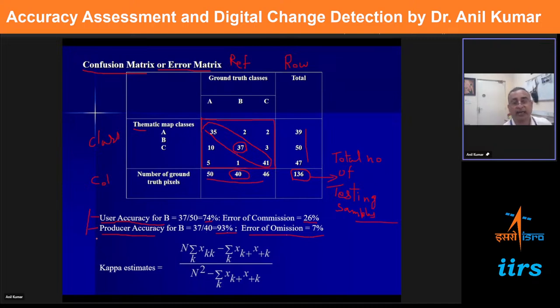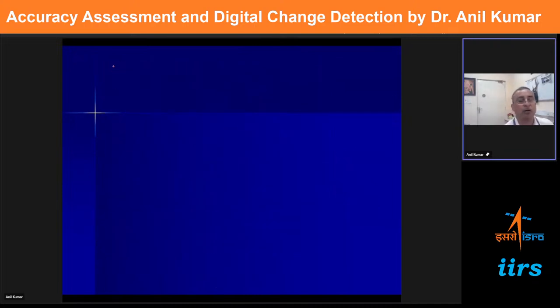Coming to the next parameter, what we can calculate from this error matrix is overall accuracy.